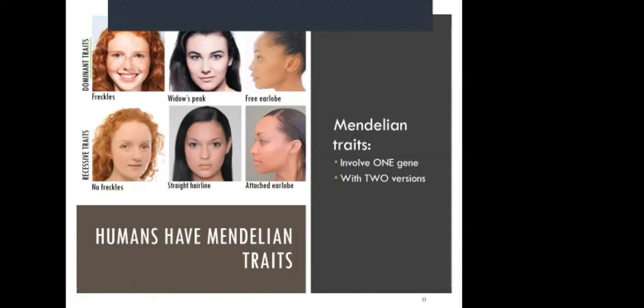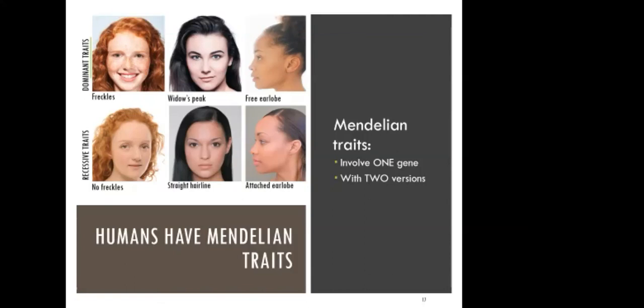The one on top has freckles, the one on bottom has no freckles. The middle lady has a widow's peak, the middle bottom lady has no widow's peak. The lady on the top right has a free earlobe, and the lady on the bottom right has an attached earlobe. So these are very similar looking people with these different Mendelian traits.